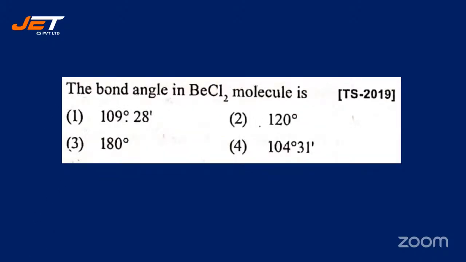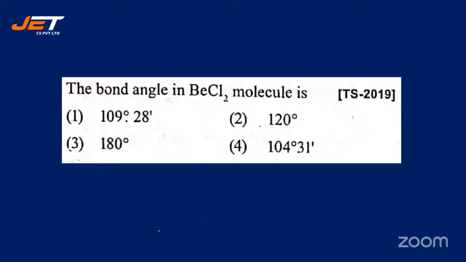Next, the bond angle in beryllium chloride molecule is, if you consider beryllium chloride molecule, what is the bond angle? 109 degrees 28 minutes, 120 degrees, 180 degrees, 104 degrees 31 minutes. Let us see the answer. Navtej mentioned it as option 3, 180 degrees.